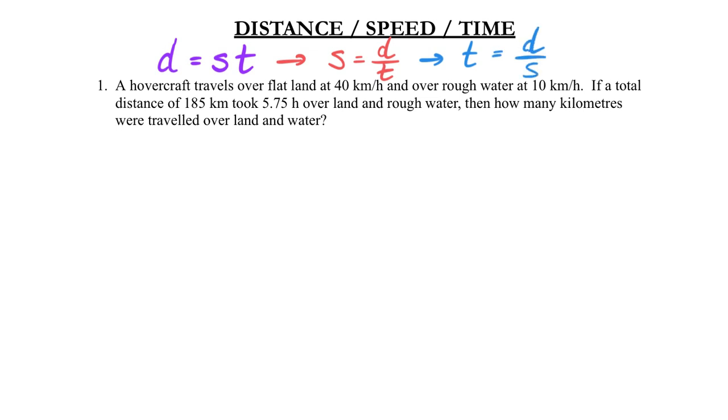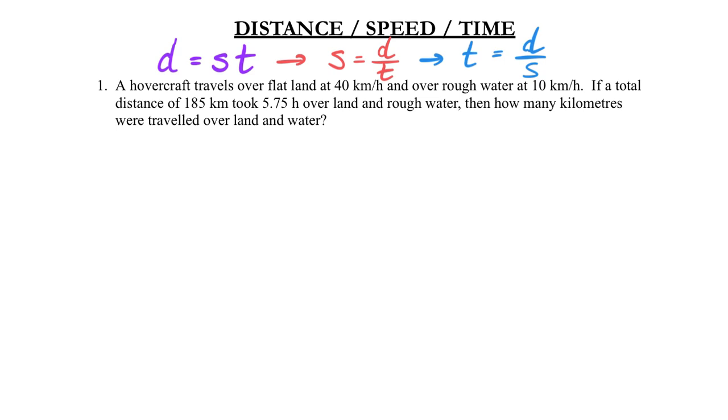And so if we know the purple, then we can always manipulate that to get the red or the blue. So I think it's a really good idea to put that purple down at the top of your page. And then after that, don't write it down again. Try to work through that relationship from a logical standpoint.